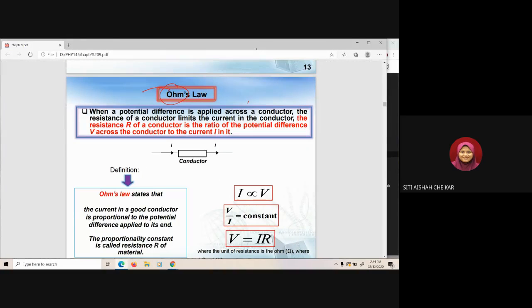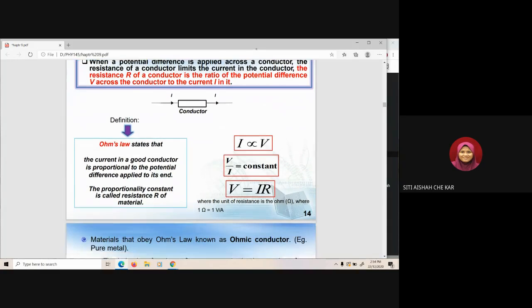I forgot his name, but his name is put in this law. So this law states V equals IR. This is the second formula that you have to know. V equals IR.